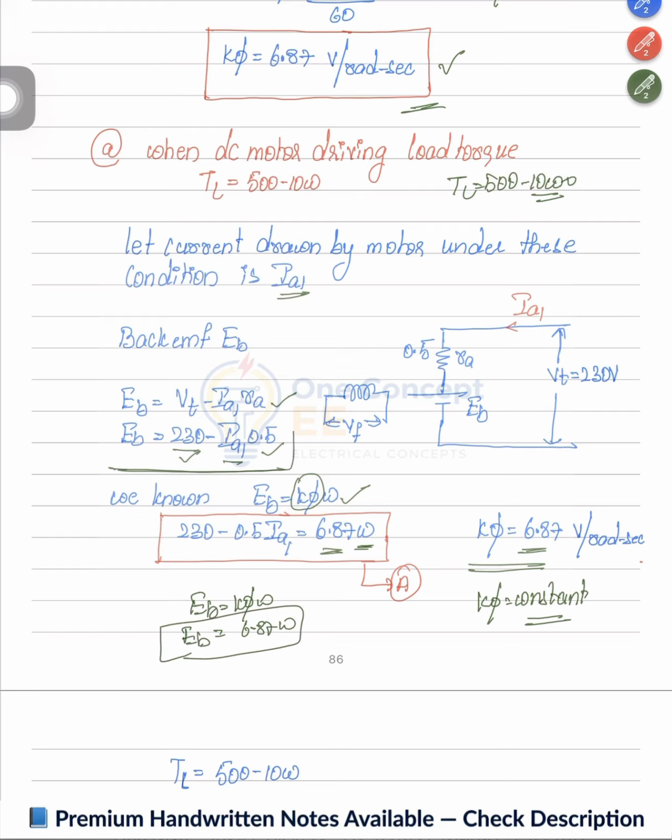Comparing with the earlier expression, 230 minus 0.5 Ia1 equal to 6.87 omega. I named this expression as A.